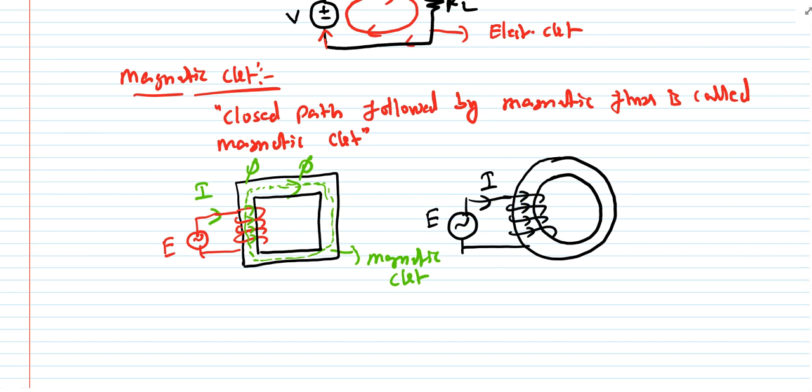As a result, this is also going to produce magnetic flux phi, due to the current I flowing through this conductor, and it also has a closed path. So this is also a magnetic circuit. I hope you understand the definition: a magnetic circuit is nothing but a closed path followed by a magnetic flux.